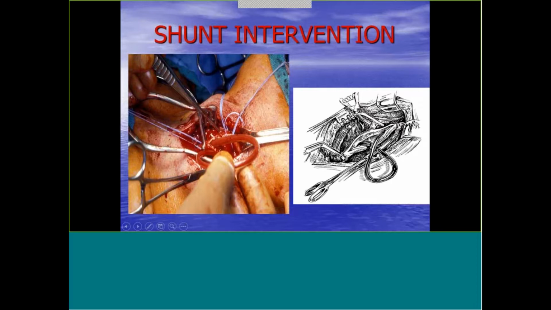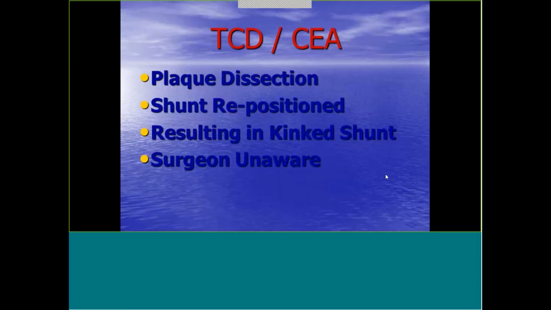So if I move this from here to here and this thing kinks off, the surgeon's not going to know it because you still have blood in this shunt. Okay, so plaque dissection is the purpose of repositioning the shunt, and it can result in some kinking. And again, the surgeon is unaware.